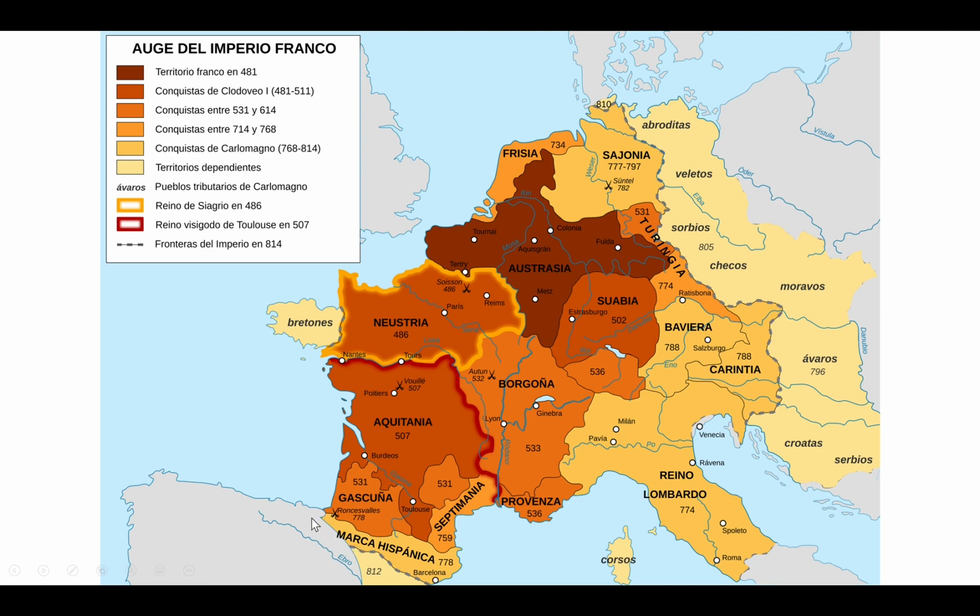So that way, if the Muslims had wanted to invade the Frankish kingdom, they had to go through the Spanish March first, which was heavily defended by the Frankish army and the army of the Catalonian counts. Alright, so these were their main achievements.